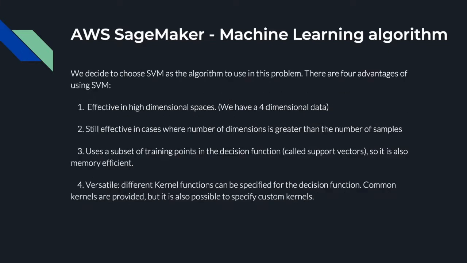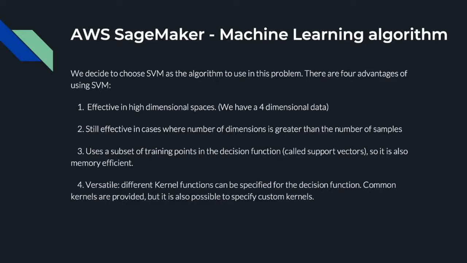We decided to choose SVM as the algorithm to use in this problem. It has 4 advantages. First one, effective in high-dimensional spaces. In our lab, we have 4-dimensional data. And the second advantage is still effective in cases where the number of dimensions is greater than the number of samples.